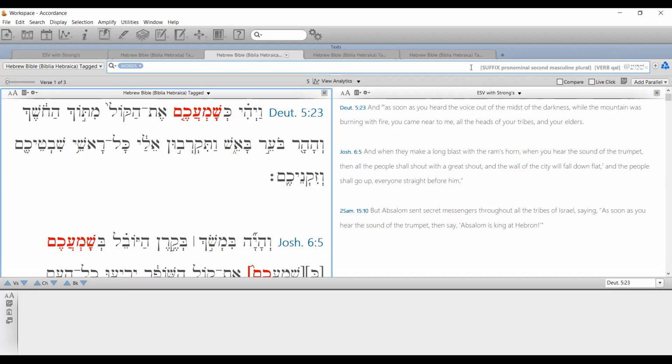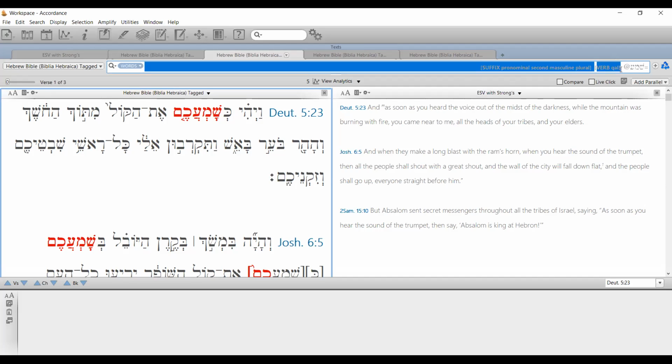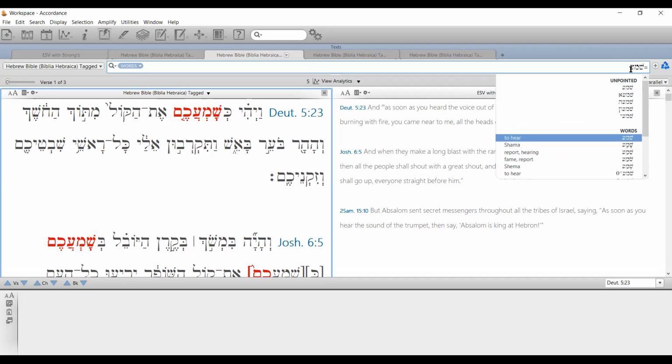For example, if you study your Bible and you find a form and you want to know where the same form occurs in other writings, you can use this search. So it's also just a very basic search.